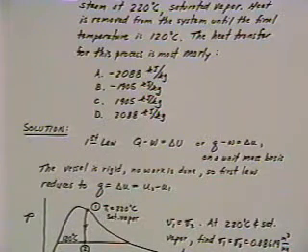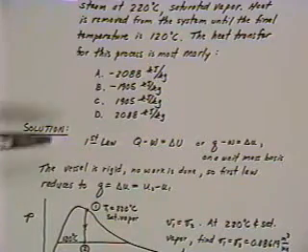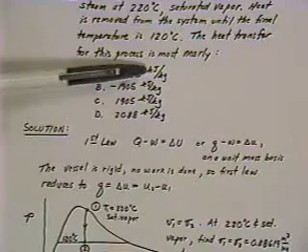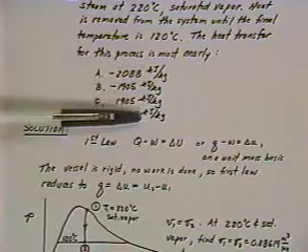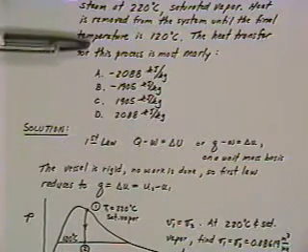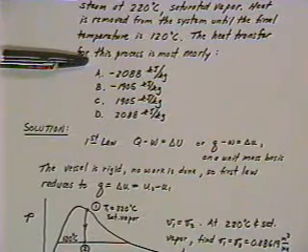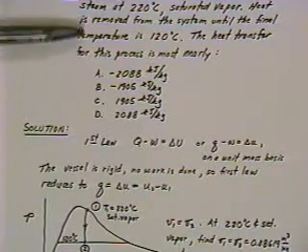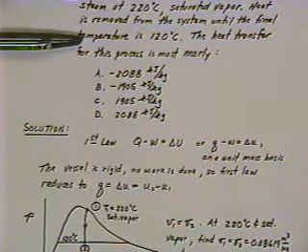Now, there are a couple things here that I'd like to point out. The fact that you have the solution written in terms of kilojoules per kilogram means that you're not going to probably have to calculate a mass for the system. I did not give you a volume, but I could have given you a volume for the container, so you could have calculated the mass in the system.